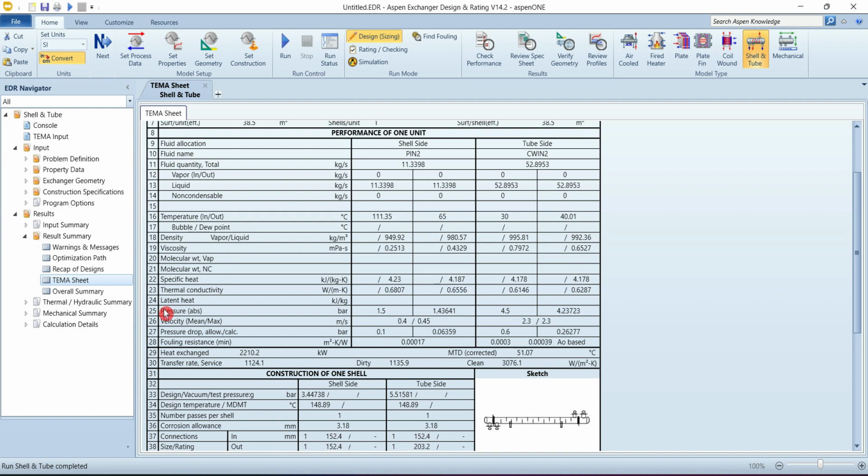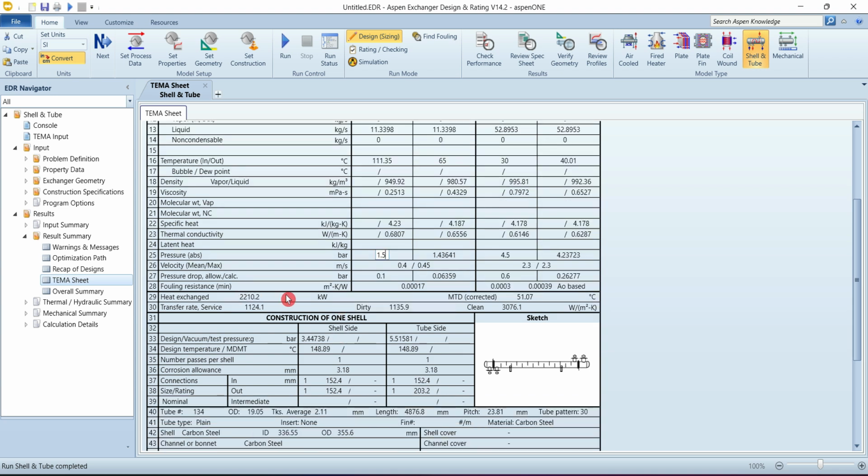pressures. Inlet pressure is 1.5 on the shell side. By subtracting the pressure drop on the shell side, it has defined the discharge pressure as 1.43, and similarly for the tube side. Fouling resistances, we have provided the default values as the allowable foulings.